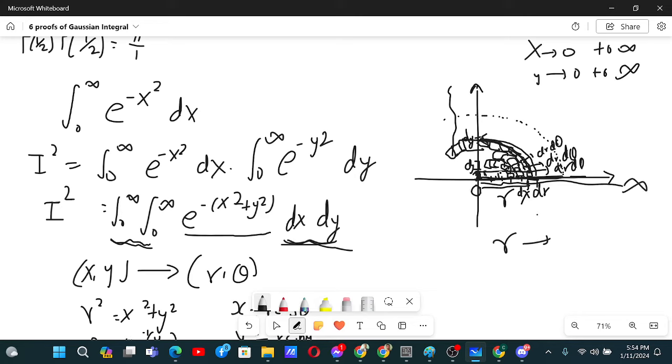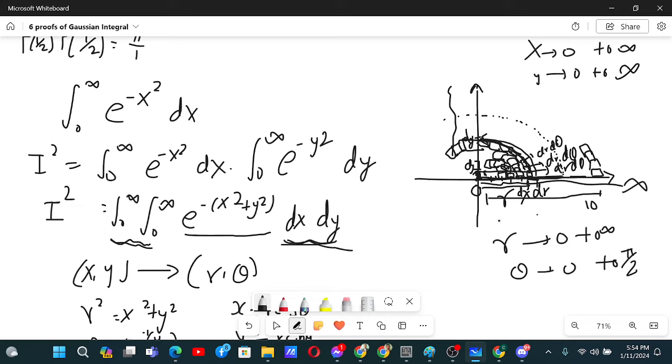For all of these boxes, if this is length 10, then at length 10 our dr will be going like this based on theta. So r should go from 0 to infinity itself, and theta should go from 0 to pi by 2.